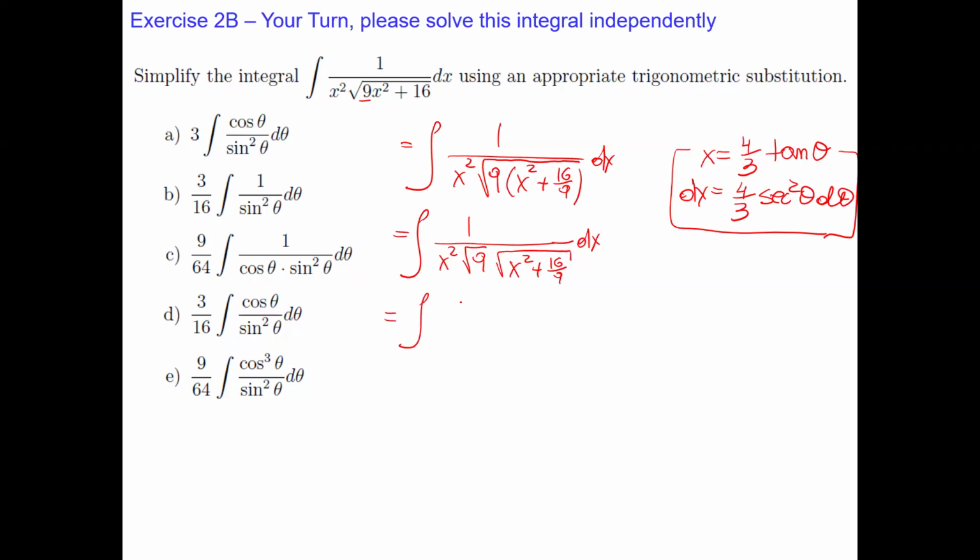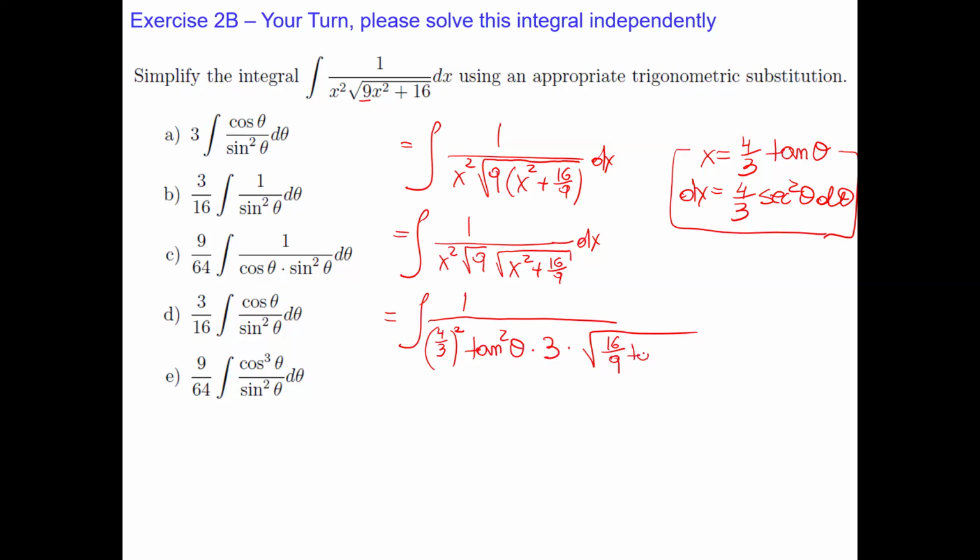I will do it step by step. X squared will be 4/3 squared tangent squared theta. Square root of 9 is 3. And this one will be, let me square it, 16/9 tangent squared theta plus 16/9, because I have to square x, and x is 4/3 tangent.